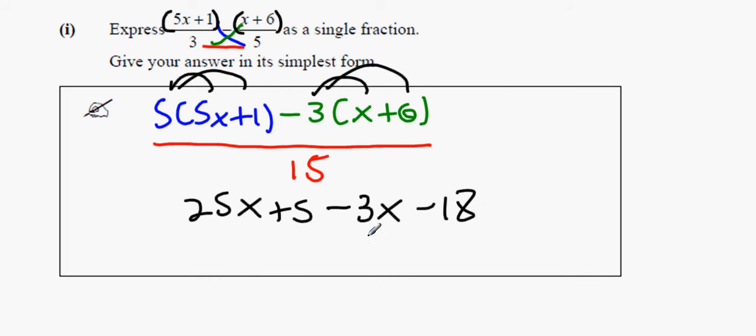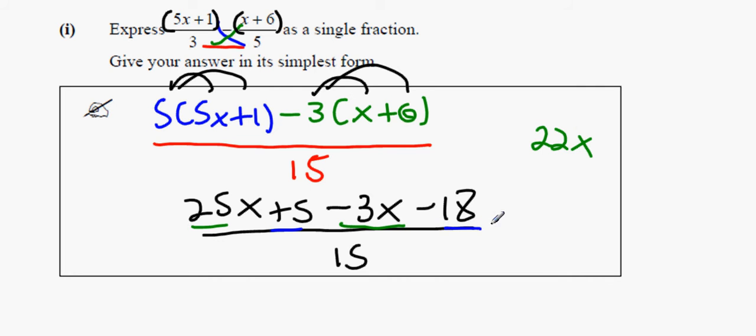And this is all divided by 15. So, we're just going to put them in. The green numbers here are 25x minus 3x, and that'll give you 22x. The blue numbers here are plus 5 minus 18. That's going to get you minus 13. And this is all going to be over 15.